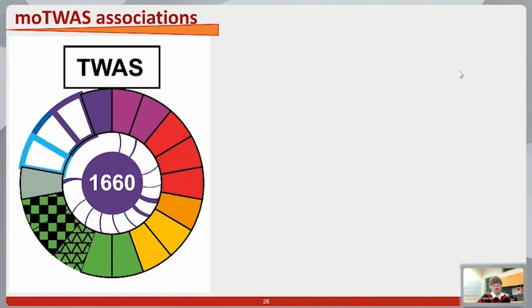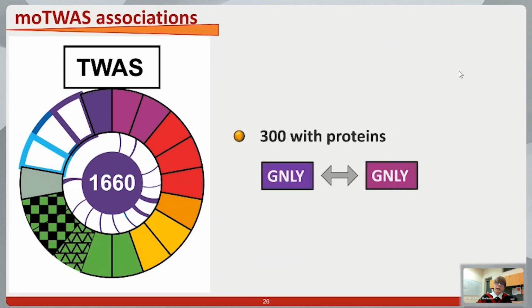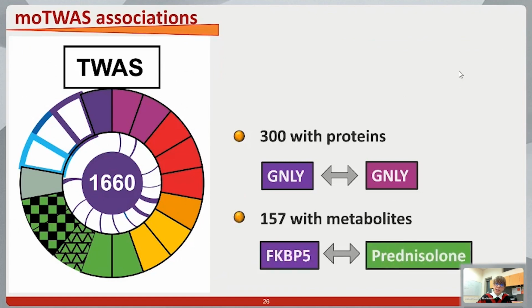Now looking at our TWAS associations, we found over 1,600 TWAS associations. Many of them, about 300, were showing association with proteins reflecting translational processes, which you can see here. Others, like the one I'm highlighting here, show in fact a direct interaction between prednisol and FKBP5.